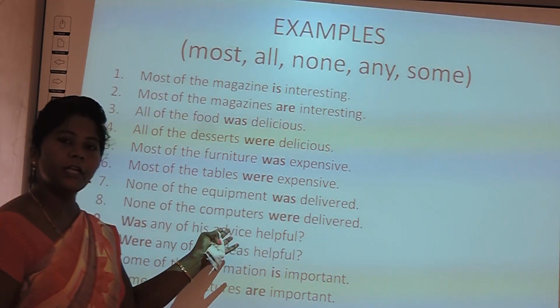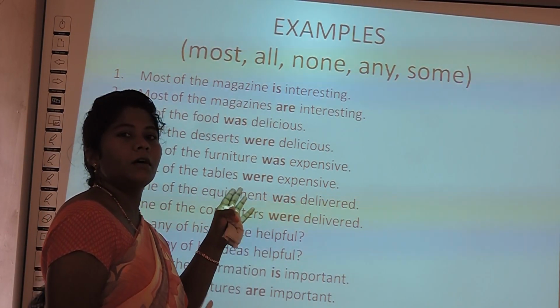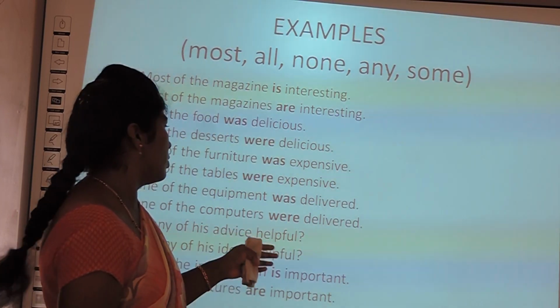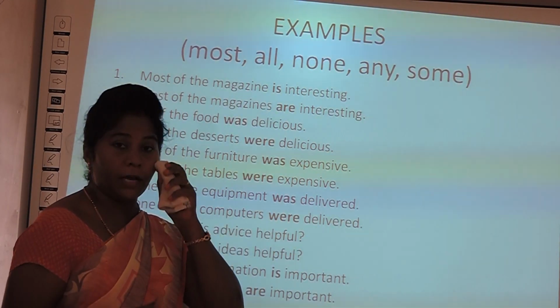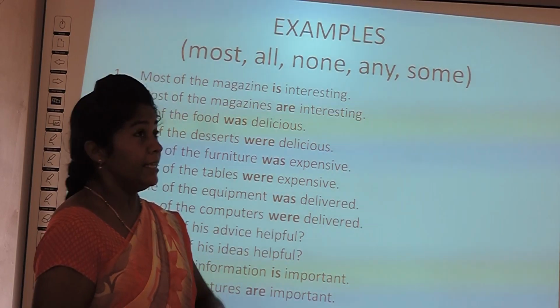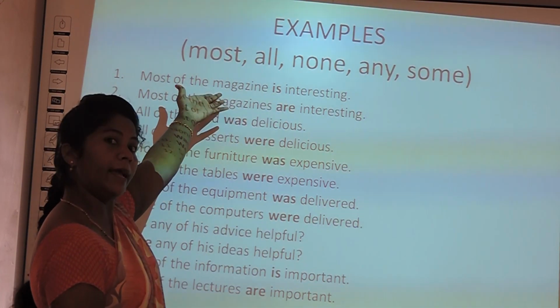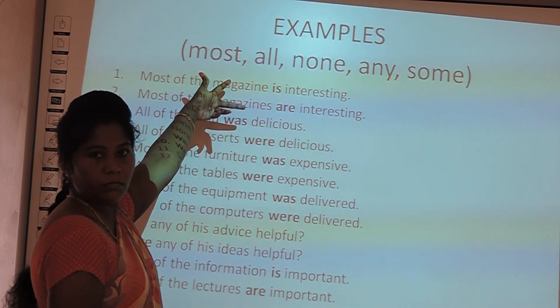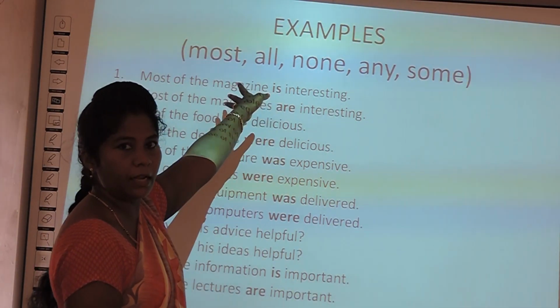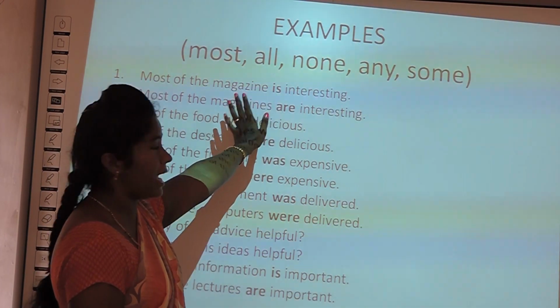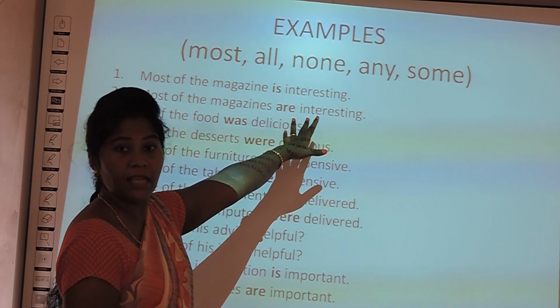Now please don't get confused that a countable noun is always going to take a plural verb. It's not like that. Just look at the first sentence. We have magazine and here it's countable, isn't it? But still in the first sentence we are using "magazine is", and in the next sentence we are using "magazines are".